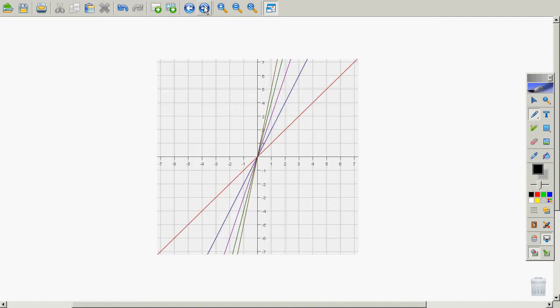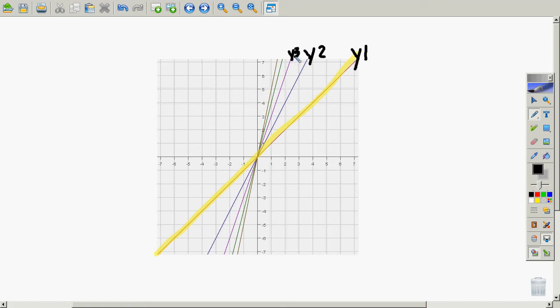Okay, what you should have seen is something like this, where this one right here is y1. So we'll label that one and say that is y1. This one is y2. This one is y3.